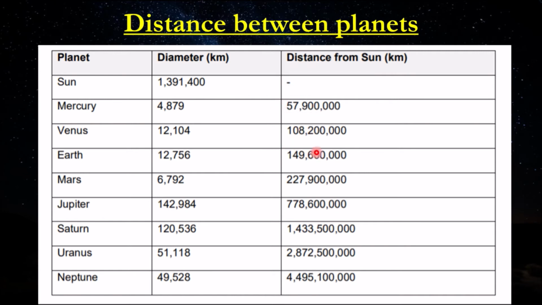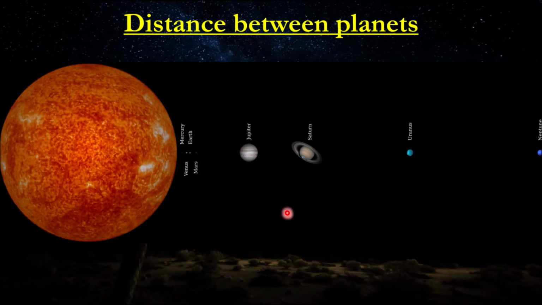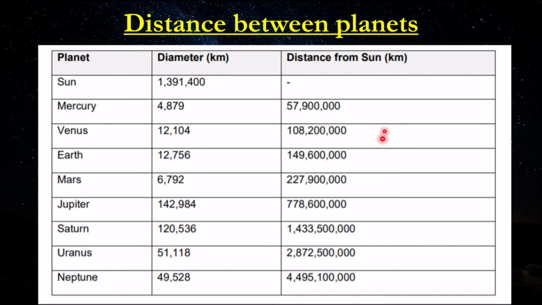We have Mercury, Venus, Earth, and Mars, so you can see where they are. Relatively speaking, they're much closer to each other than the gas giants are. And you can see there's a massive difference in distance between Mars and Jupiter, which this chart gives a better scale to in comparison to the original diagram we used.